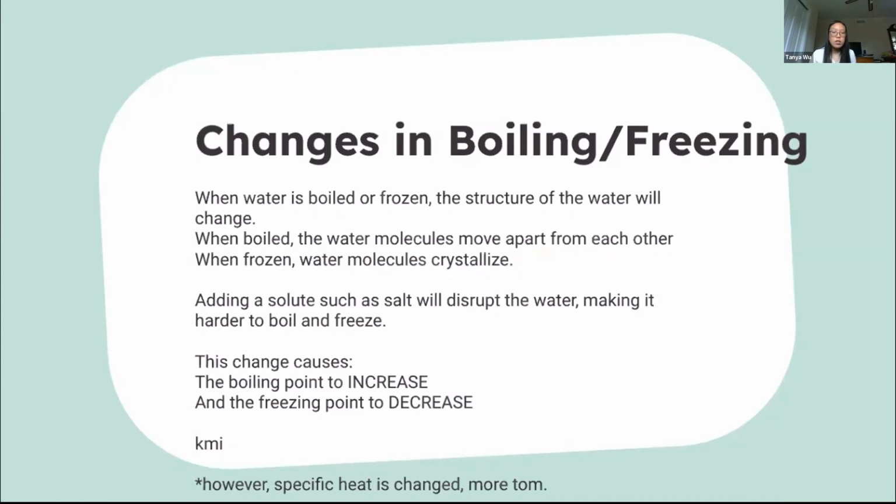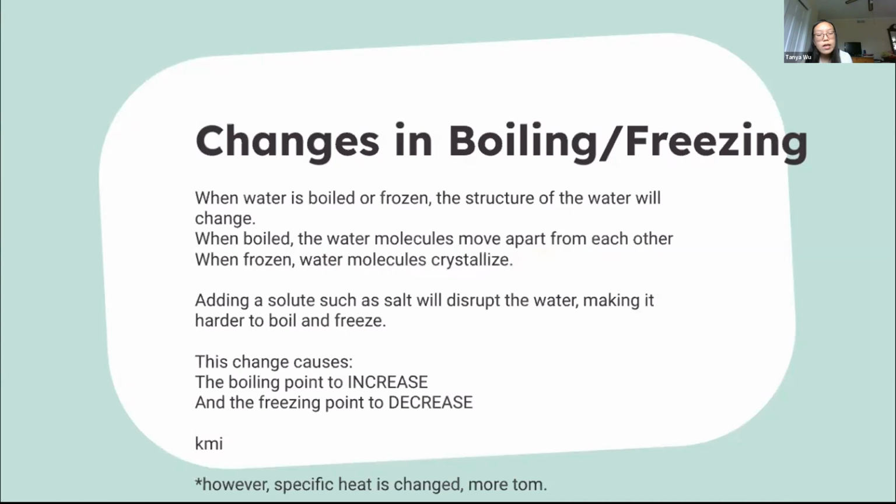But when you add salt, like any solute really, it makes it harder to boil and freeze because when it's frozen, it's disrupting the structure between the different water molecules, and when it's boiling, it's harder because the solute is in between all the water molecules.